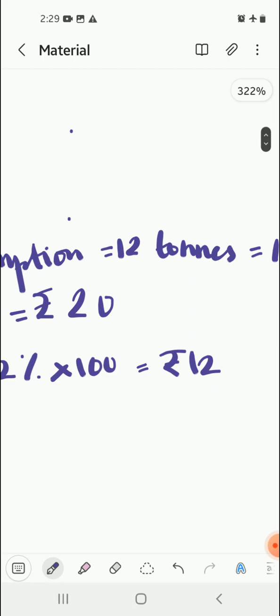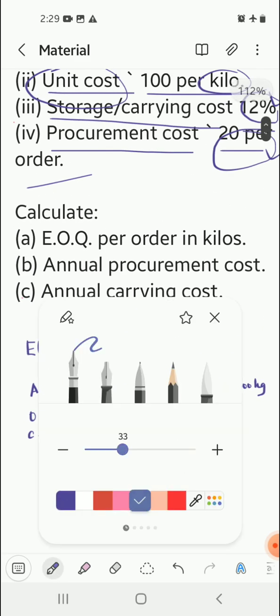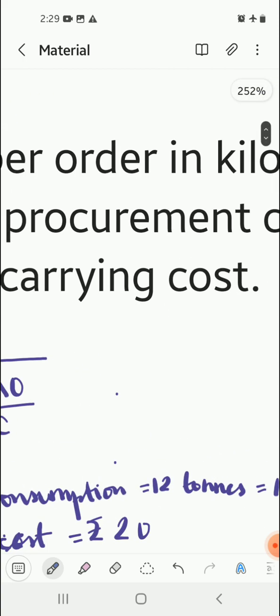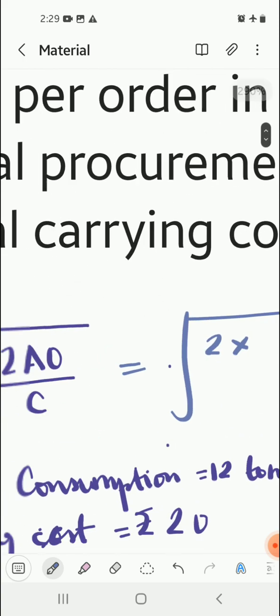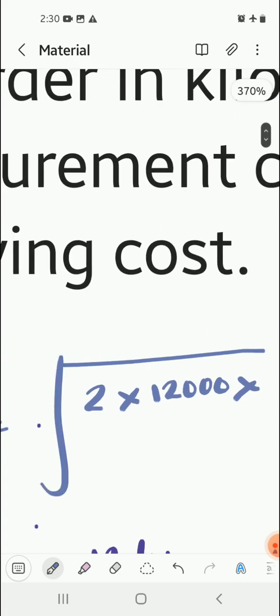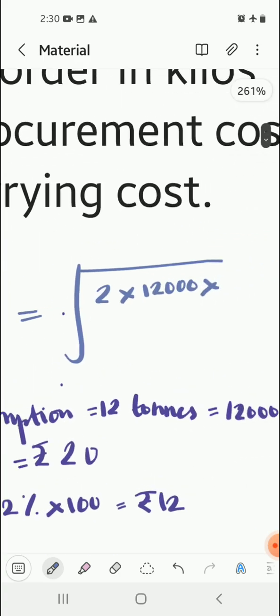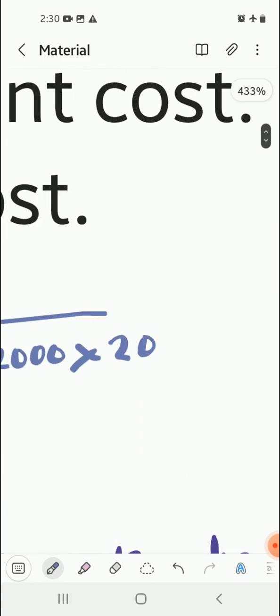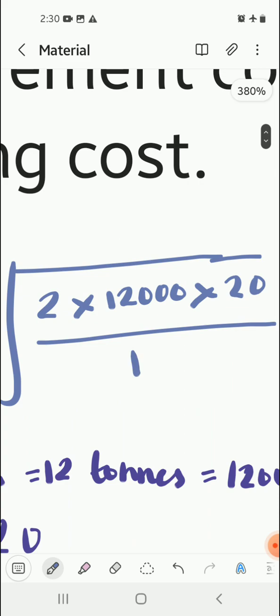Once we are done with it, we are going to use it in the EOQ formula. So 2AO, simply substitute 2 into A. Annual consumption is 12,000 kg, so we'll take it as 12,000. O, the ordering cost, is rupees 20, so we'll take it as 20, divided by 12.